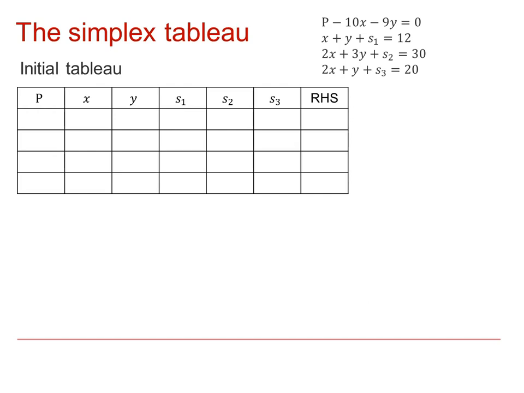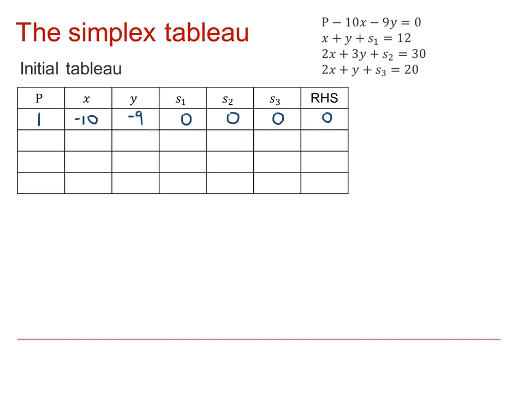And the first thing we do is put in the coefficients of each of those variables for the equation, starting off with the objective function at the top. So we'd have 1p, minus 10x, minus 9y, and then zeros for s1, s2 and s3, and the right hand side is the value of that at the moment, which is 0.